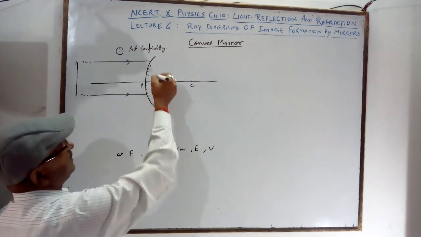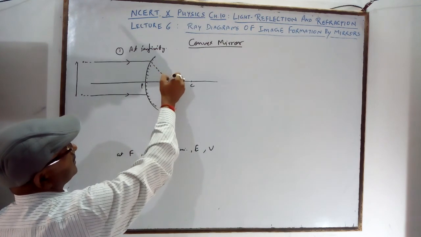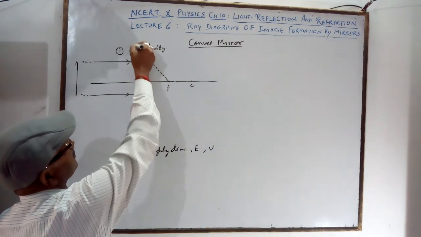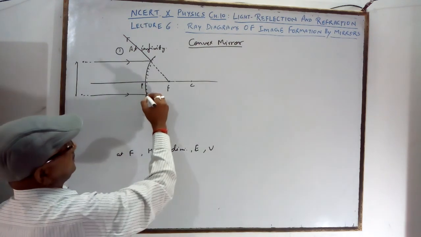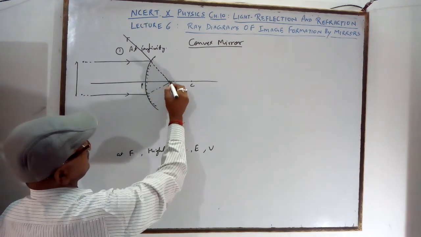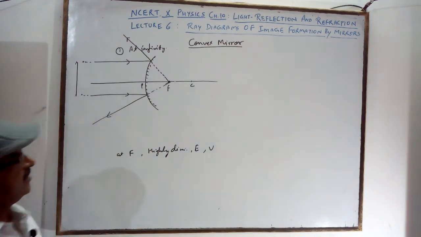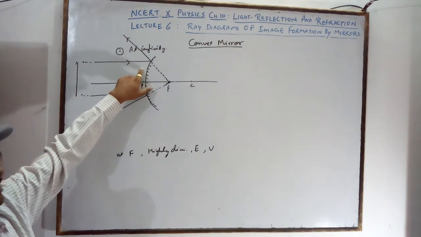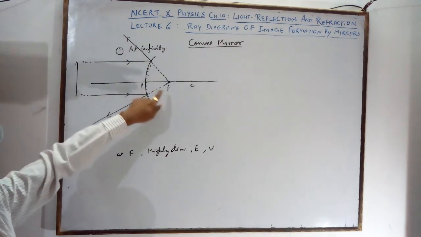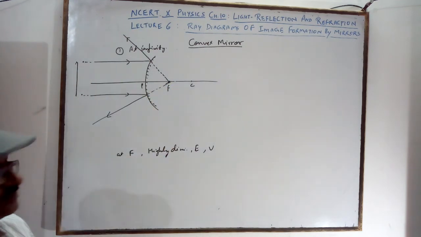The ray will go like this after reflection, and here the other ray will also reflect this side, bouncing back. With the laws of reflection of light, this is the ray diagram to draw an image at the focus.